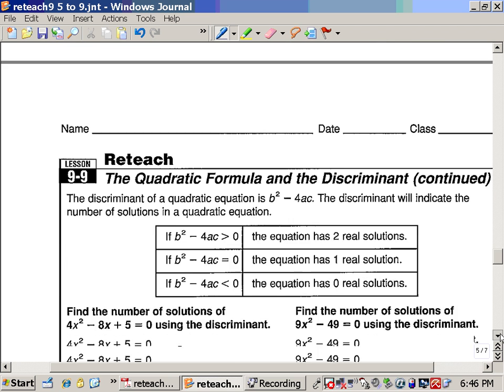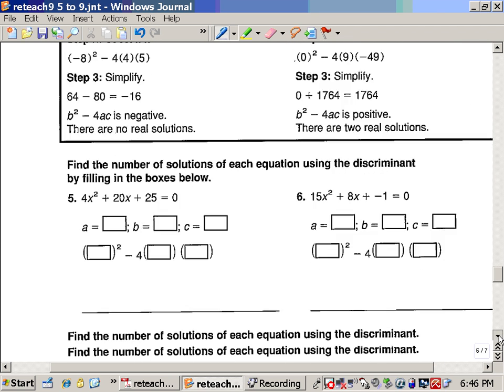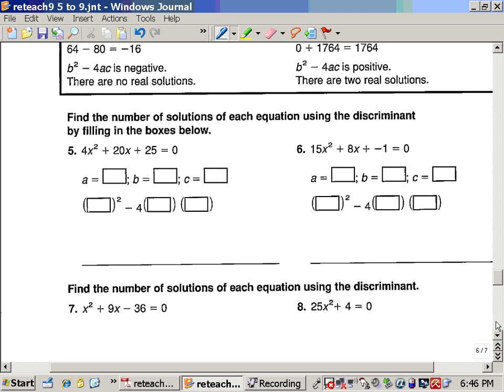Okay, we're going to try the next quadratic formula discussing the discriminant. And it says we have to find the discriminant using the boxes below. A is 4, B is 20, and C is 25. For the discriminant, you only need to do the part b squared minus 4ac. So that's b squared minus 4 times a times c.